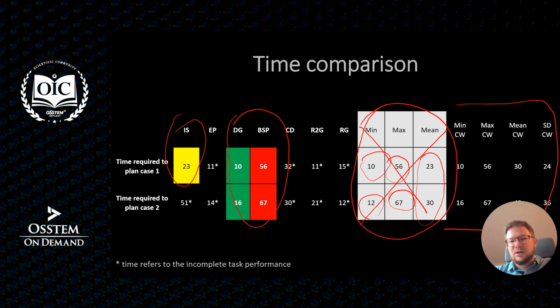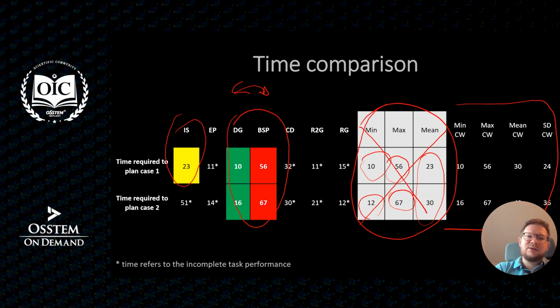What is interesting here is the difference in time of those two softwares, and it means that Blue Sky Plan is much more complicated to use and less user-friendly than Dentic Guide.